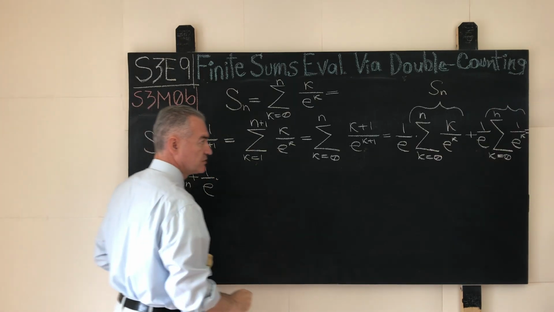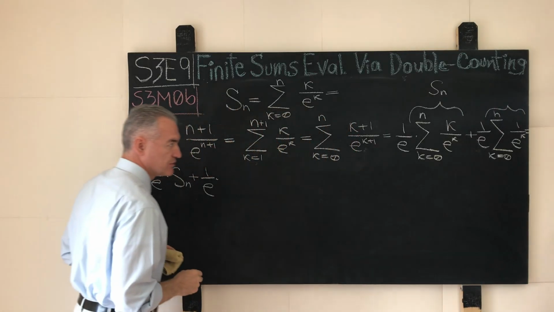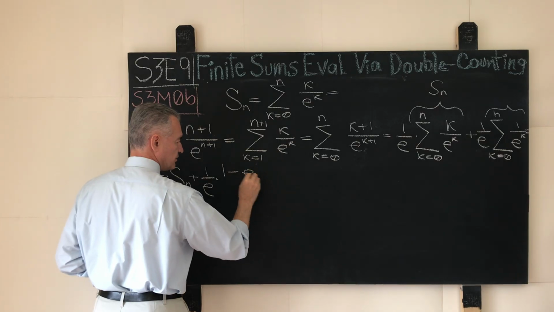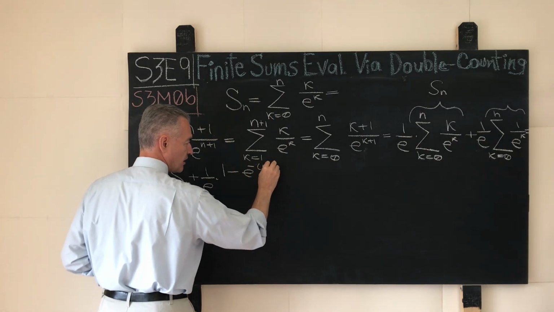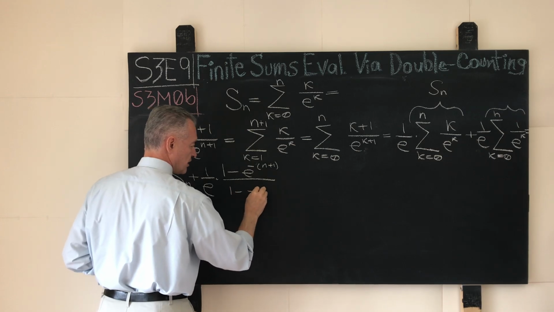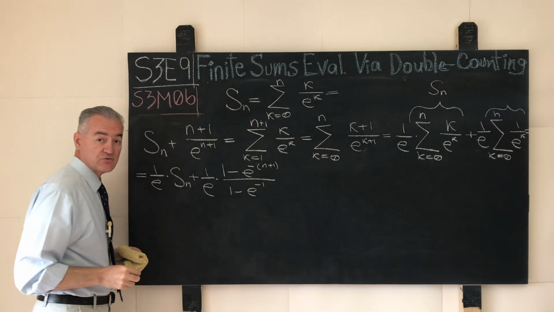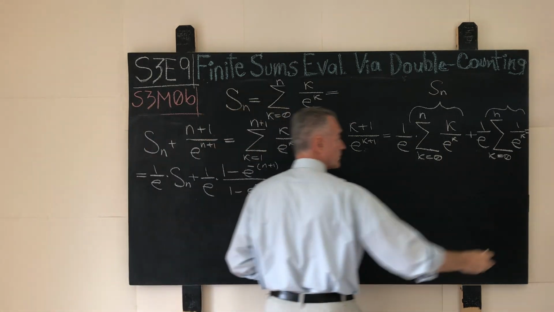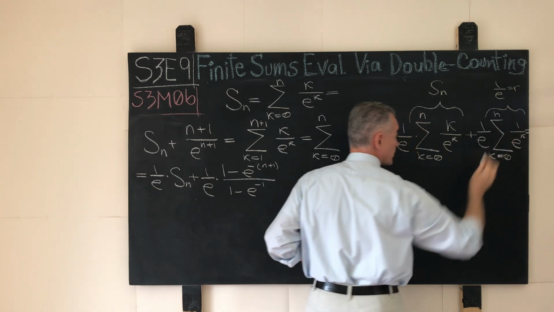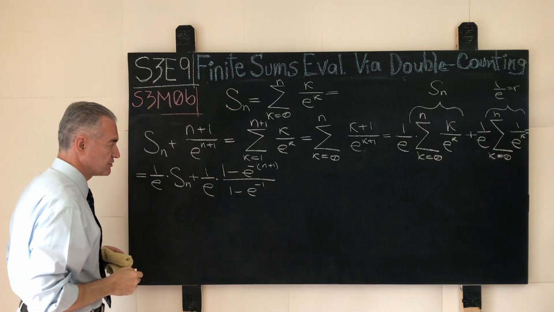What do we have for an alternative expression in this case? For the finite geometric series, we have (1 minus e to the power of minus (n+1)) over (1 minus e to the power of minus 1), because the common ratio in this case is what? 1 over e. This is the proverbial common ratio r, frequently denoted as r in various textbooks and websites.